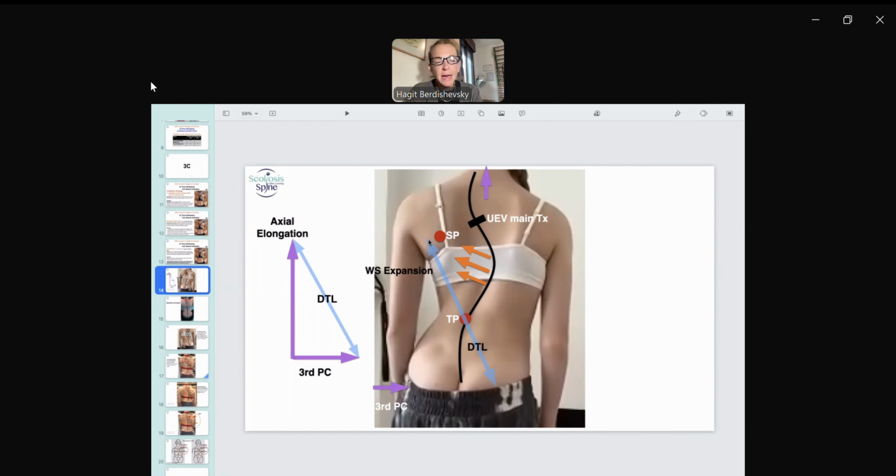It doesn't happen in any other curve where we're maintaining the body in the center. So you really need those two components. Pelvis overcorrects to the right, trunk overcorrects to the left. And then with axial elongation, this is happening.